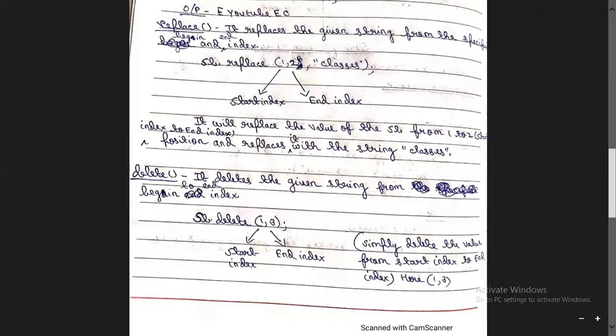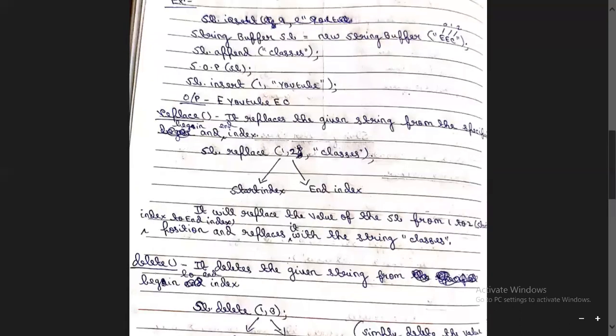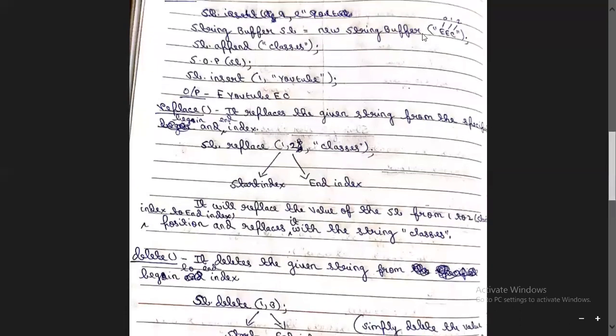So if we consider this example, here our total value is EC classes. The C classes part will be totally deleted, because here we have mentioned from 1 to 3, so that value will be deleted.